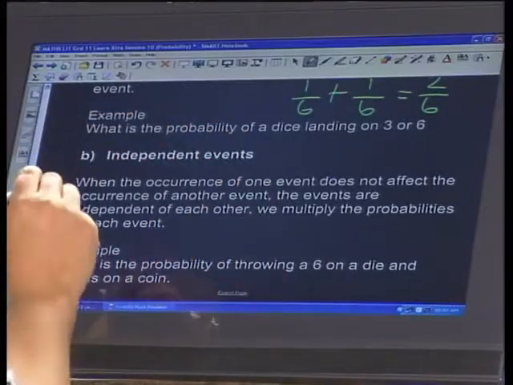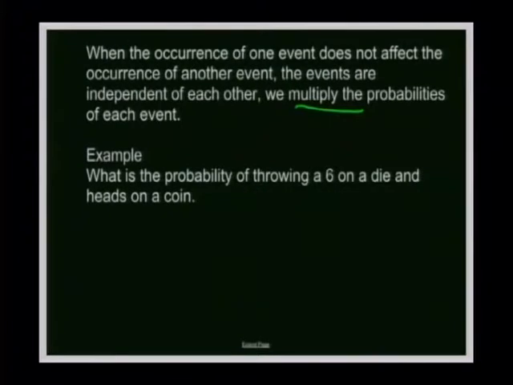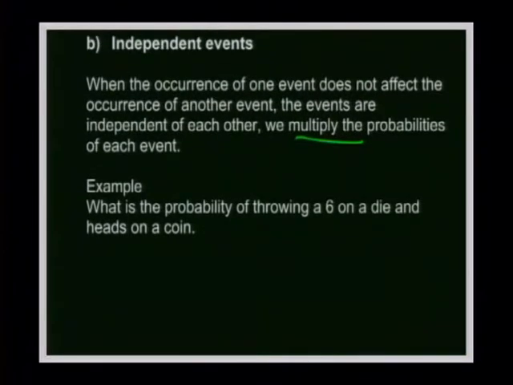An independent event occurs when one event does not affect the occurrence of the other event. The events are totally independent of each other. In this case, we multiply the probability of each event. Let's look at the example: what is the probability of throwing a 6 on a die and, that's an important word, heads on a coin?